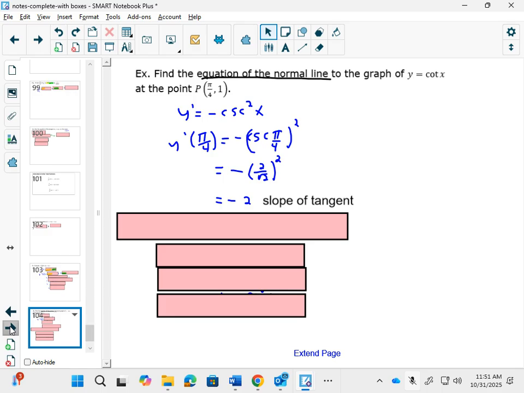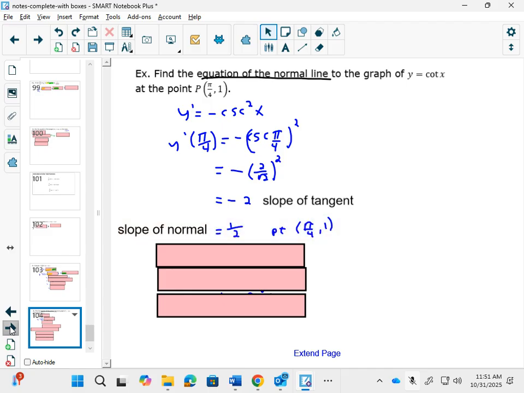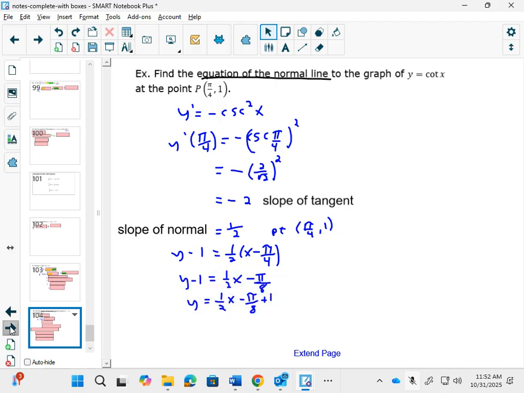What equation are we finding? Normal. What's the slope of our normal? 1 over 2. Flip it. Negative reciprocal. Flip it and make it positive. 1/2. And once you have your point and your slope, you could use y minus y1 equals m times x minus x1, or y equals mx plus b. And you simplify it, which doesn't look that simple, because you get 1/2 x minus pi over 8 plus 1.